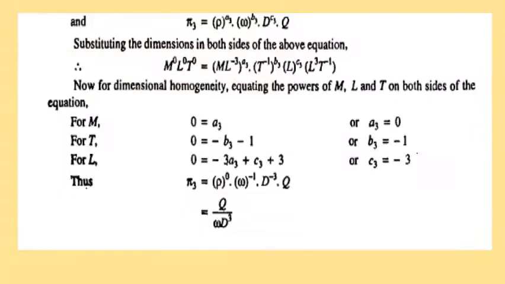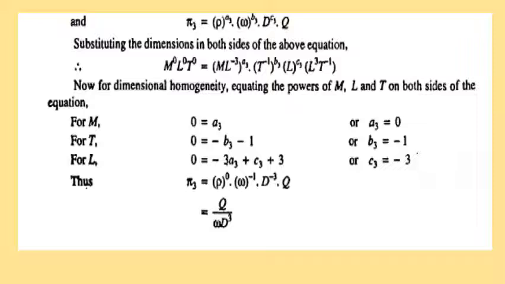Coming to the third one, the third pi term, pi 3 is equal to rho, omega, d. These are the repeating variables. The remaining variable is discharge. Substituting the dimensions on both sides of the equation, once again for the left hand side, the pi 3 term powers are 0. Write the dimensions of the repeating variables and the discharge on the right hand side. Now for dimensional homogeneity, once again equate the powers of M, L and T on both sides of the equation.